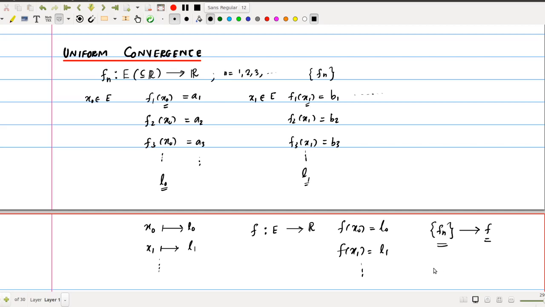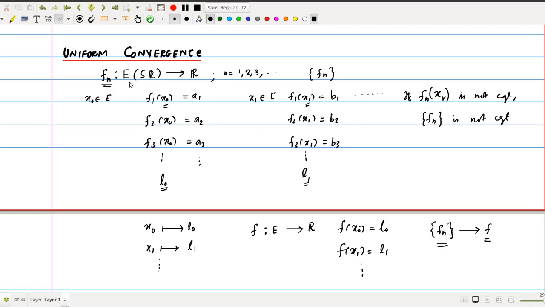First of all, we need to verify the convergence of a sequence of functions. Suppose there exists an element, say xr, such that fn of xr is not convergent. If there is at least one xr such that fn of xr is not convergent, then the sequence of functions fn is not convergent.